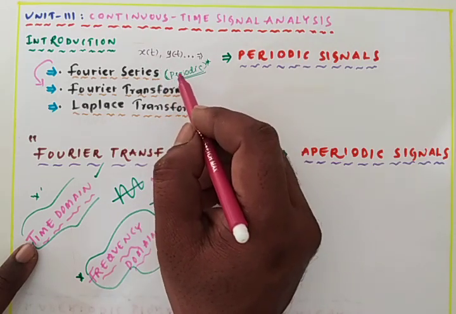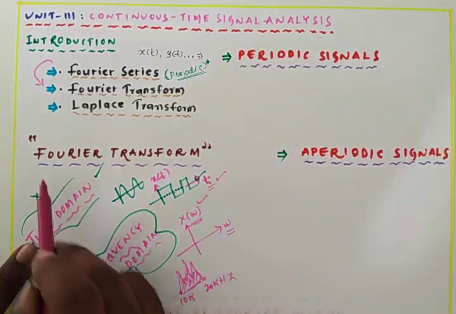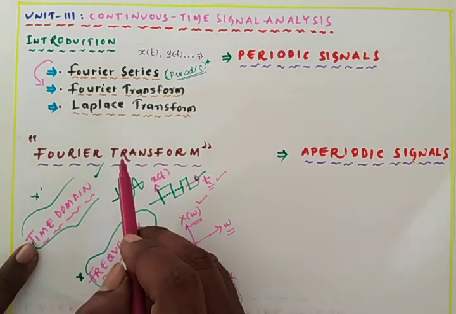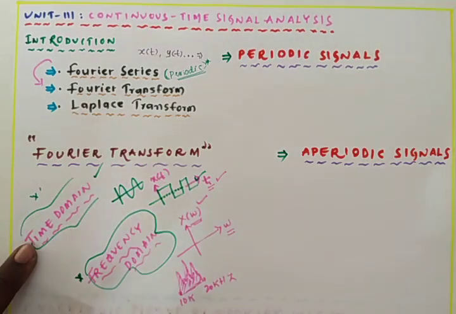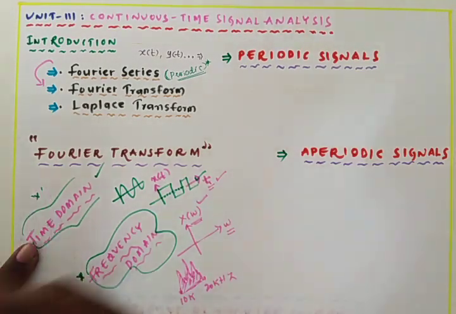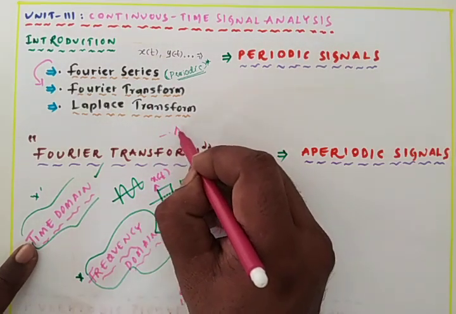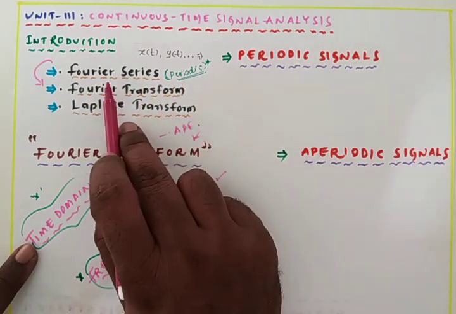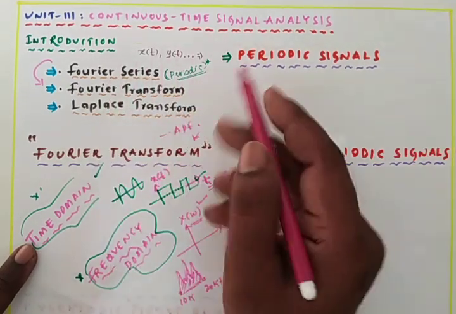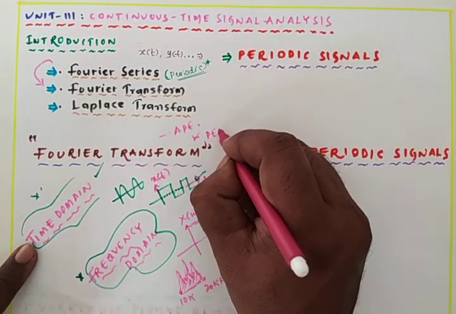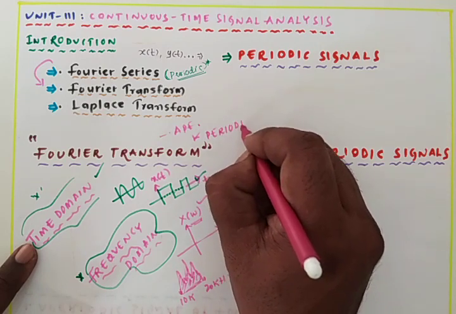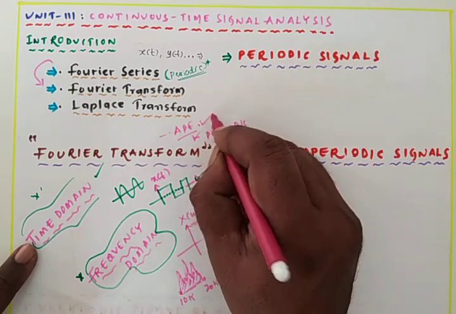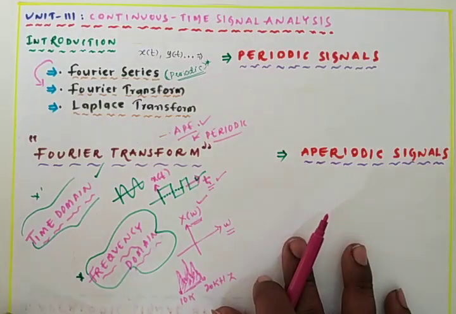So the Fourier transform is employed, and it can be applicable for periodic signals as well as signals that cannot be represented by the Fourier series.